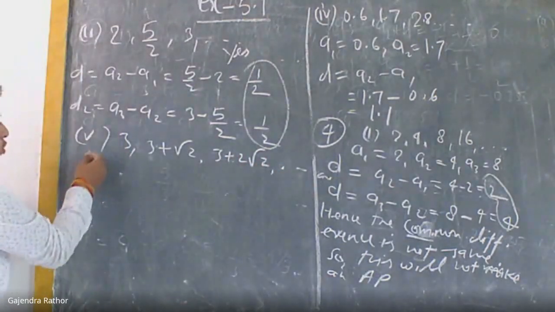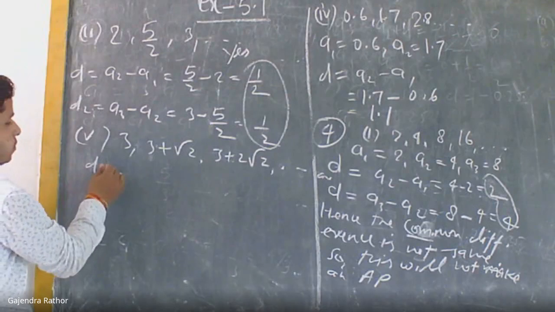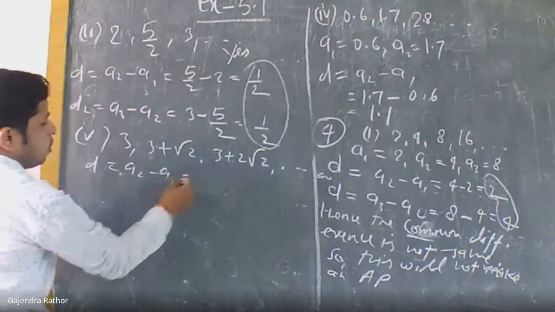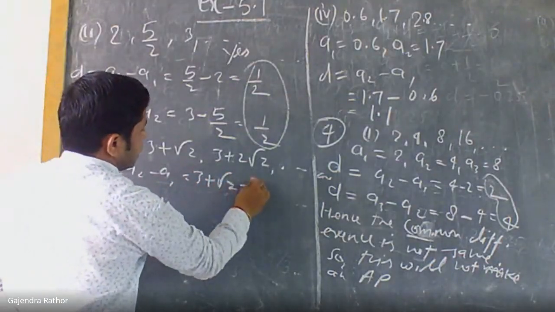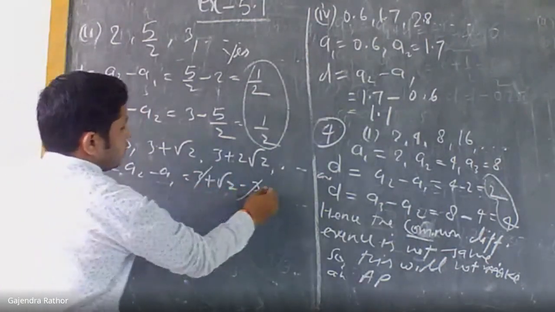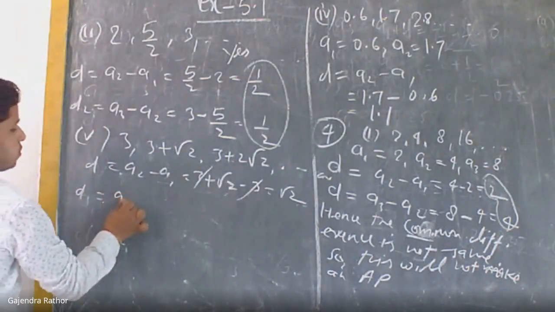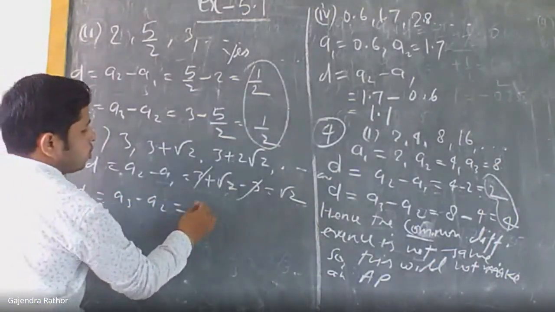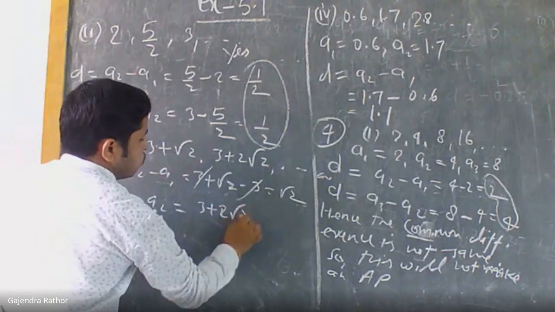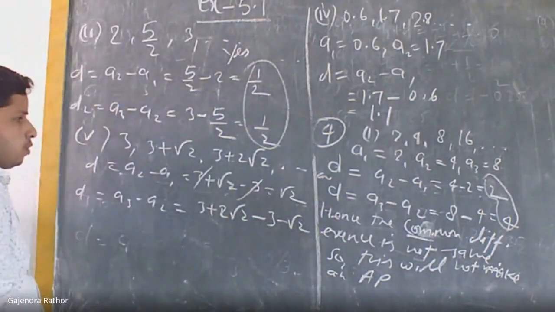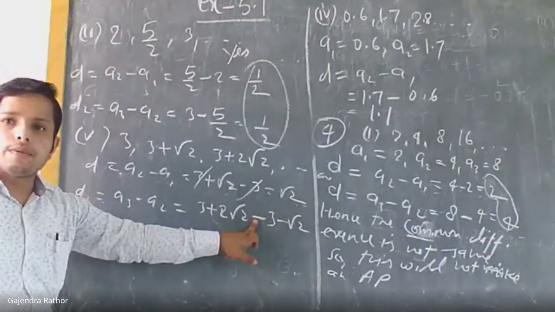Okay, we can also check by finding d is equal to a2 minus a1 is equal to 3 plus root 2 minus 3. We can say that is equal to root 2. And another way, a3 minus a2 is equal to 3 plus 2 root 2 minus 3 minus root 2. Okay, यहाँ पर माइनस सब्ट्रैक्ट कर रहे हैं हम.